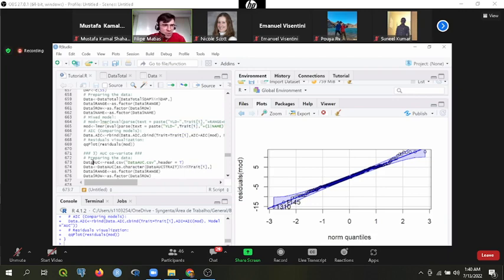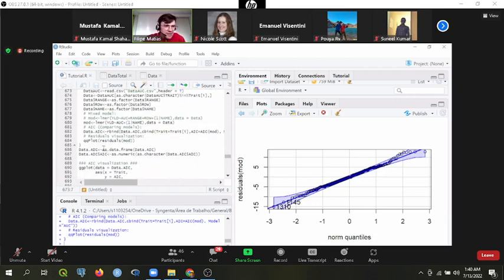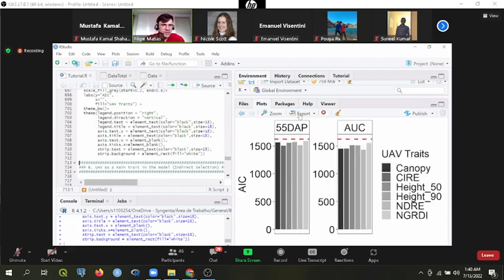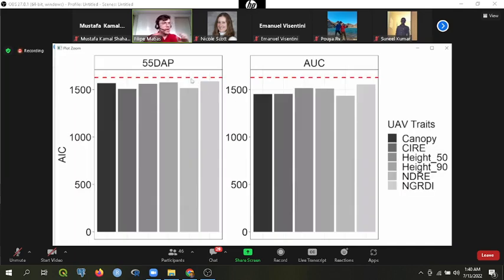And the idea was to check if we could reduce the AIC in our model. So the AIC gives us an explanation of how well the model is adjusted for the data that we have. And as you can see, using, for example, one flight at 55 days after planting, or the area under the curve, we could reduce the AIC, which means the lower the value, the better your model is adjusted.